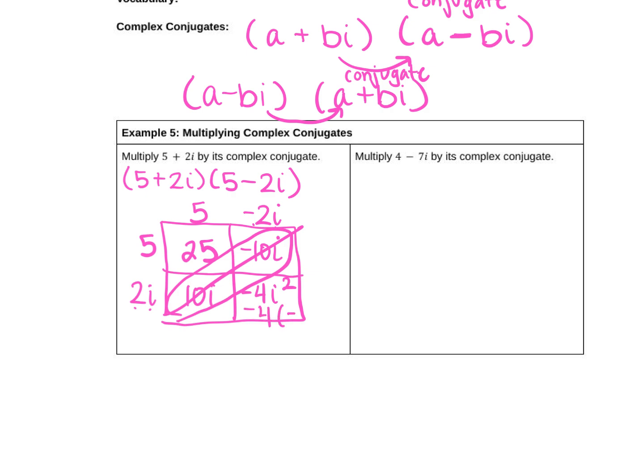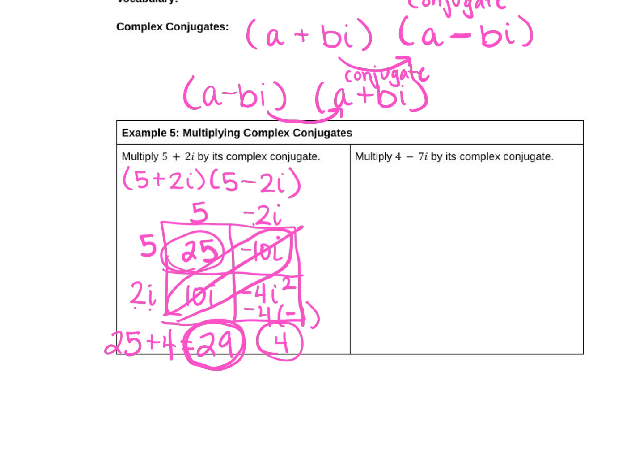So we're going to replace i squared with negative 1, so that's going to turn it positive. And then all I got to do is combine the 25 and that positive 4. What's 25 plus 4? 29. So when we multiply by a conjugate, it makes the i's cancel out. Kind of cool.